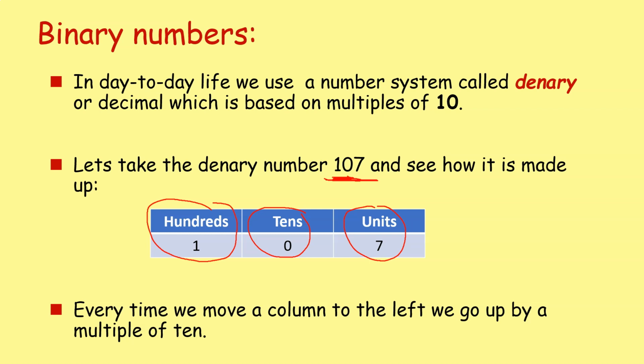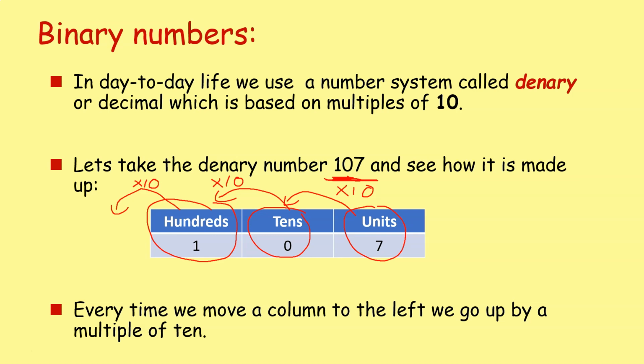Notice, every time we move a column to the left, we're going up by a multiple of 10. There are 10 units in a 10. There are 10 tens in 100. If we were to continue, the next column would be thousands, and there are 10 groups of 100 in 1,000.